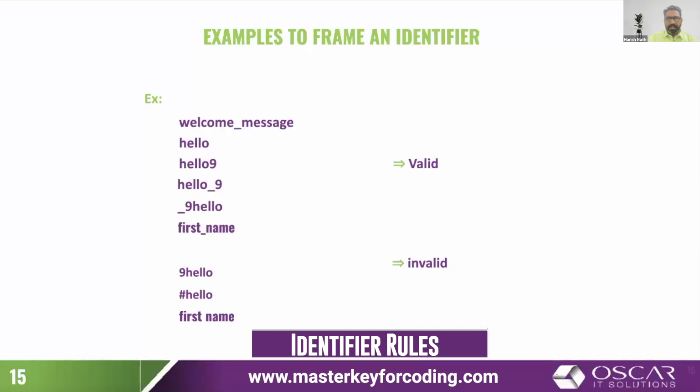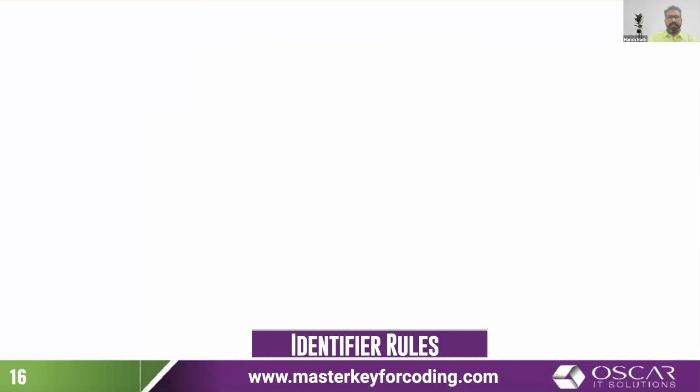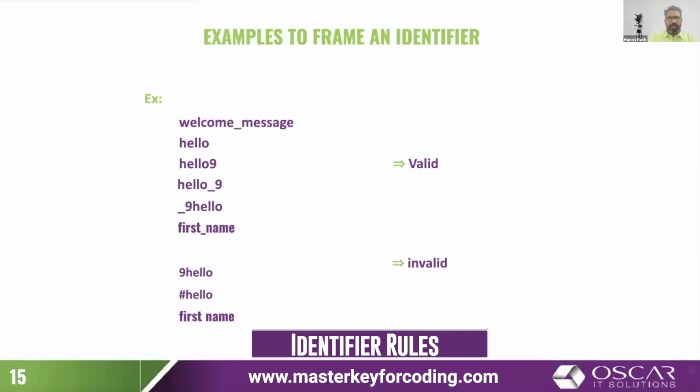Another thing about identifiers is that in some languages they are case sensitive, and in some languages they are case insensitive. Languages like C are case sensitive. Uppercase and lowercase are treated as two separate names altogether. Whereas in languages like Apex, whether you use uppercase or lowercase, name is name.